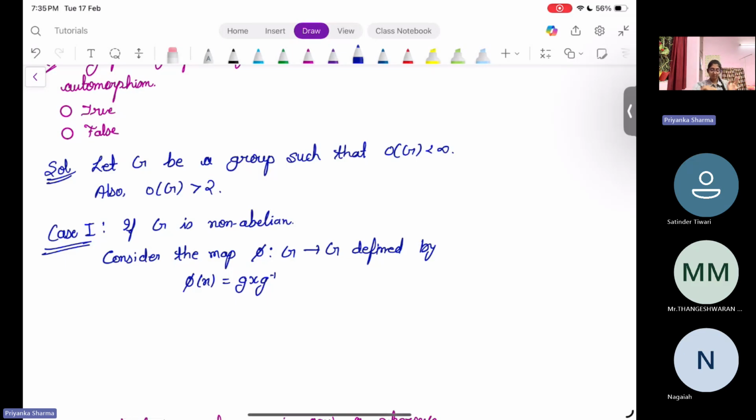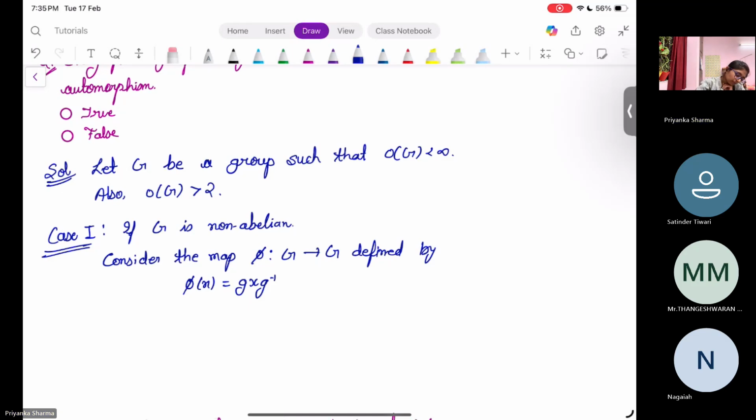This is a map similar to an inner automorphism actually. Okay. So this is for all x belongs to G. So actually here we fix g. So we can say there's phi g also.